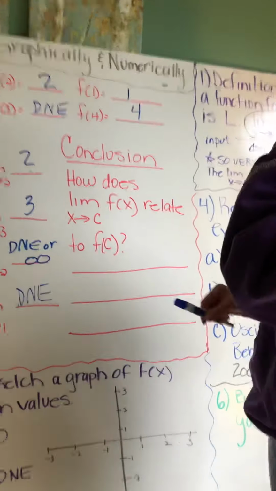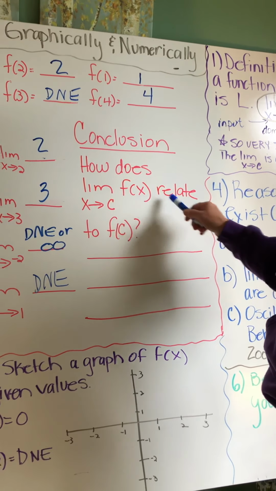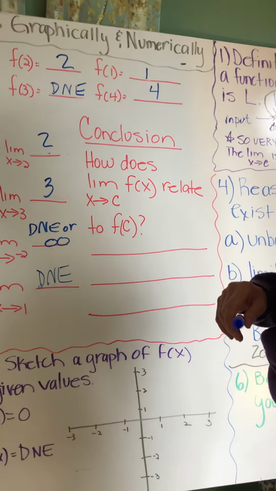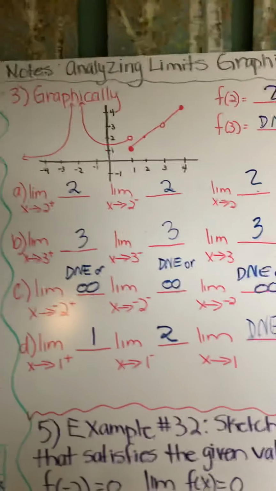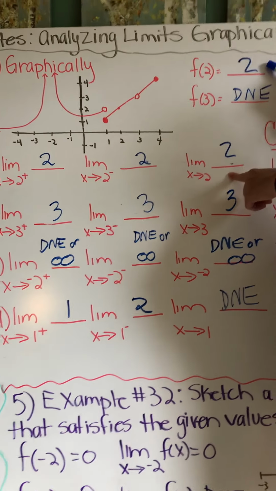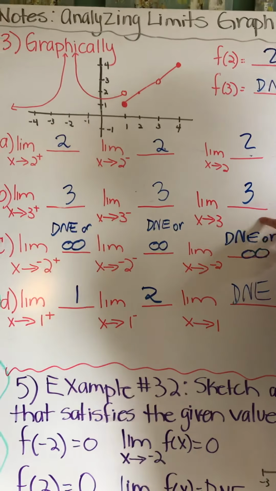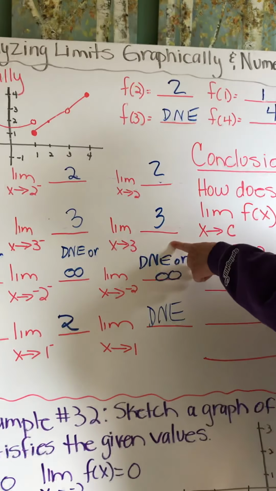Okay, let's take a look. What's our conclusion? How does the limit as x approaches c of a function relate to the actual value of the function? Well, let's take a look. Here, the limit as x approaches 2 is 2. Oh, and the value of the function is also 2 at 2. Okay. Here, the limit as x approaches 3 is 3.